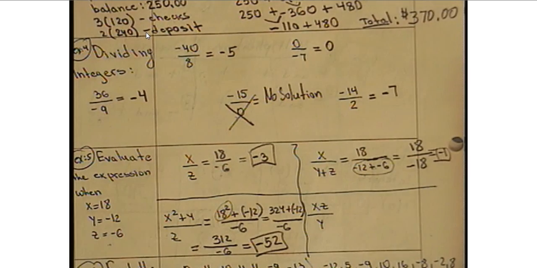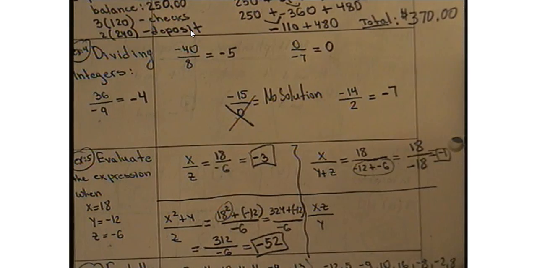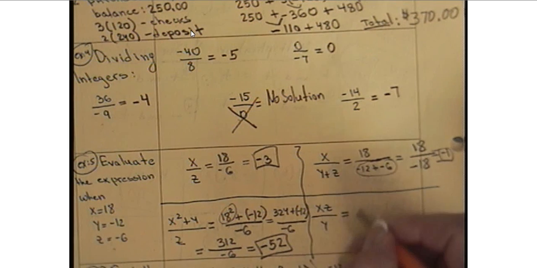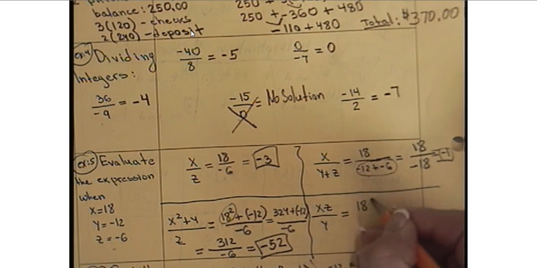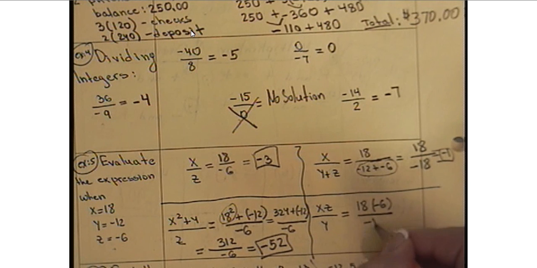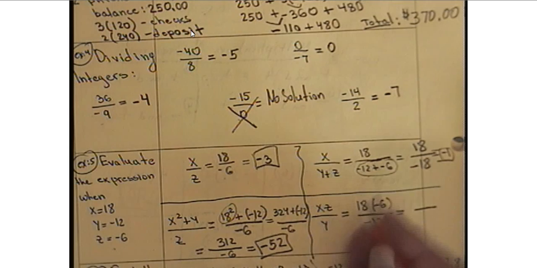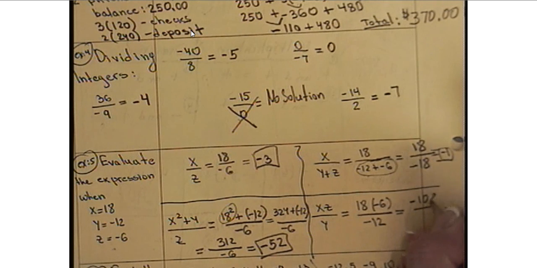One more example to go, x times z over y. So x is again 18 times z is negative 6 over y is negative 12. So let's calculate the top part first. 18 times negative 6 is negative 108 over negative 12.